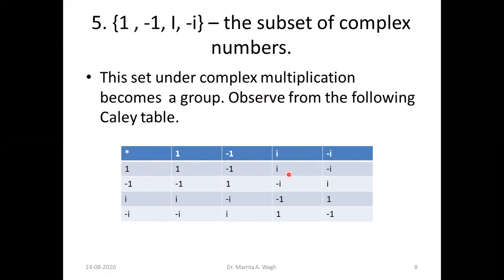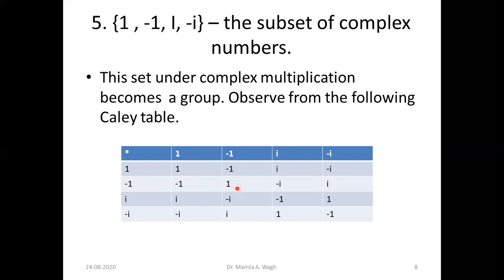In the first row, you are multiplying all these elements with 1. If I multiply 1 with all these elements, they will be the same. 1 into 1 is 1, 1 into minus 1 is minus 1, 1 into iota is iota, 1 into minus iota is minus iota. In the second row, we are multiplying all these elements with minus 1. Minus 1 into 1 is minus 1.